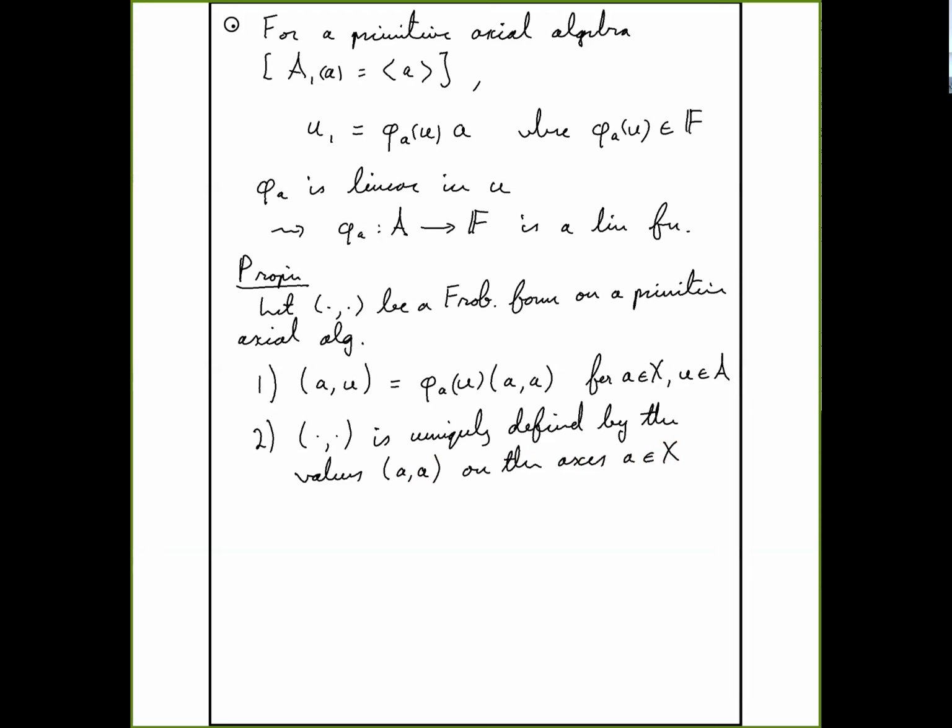So if you wanted to define a Frobenius form, you just need to define it on the axes, and then you need to check that it really does define a Frobenius form. But this should define it for the whole of the rest of the algebra. But it's still very much non-trivial to check for the rest of the algebra.